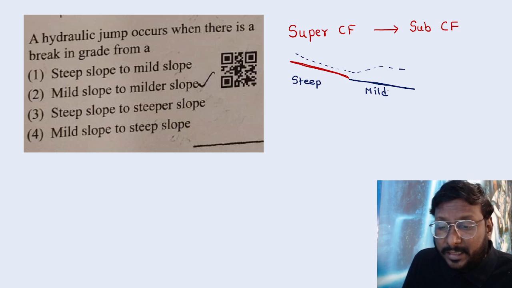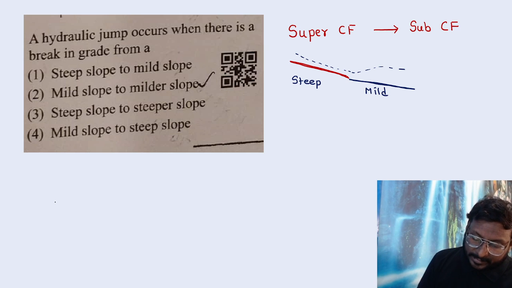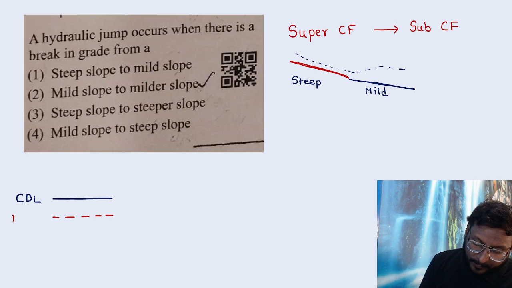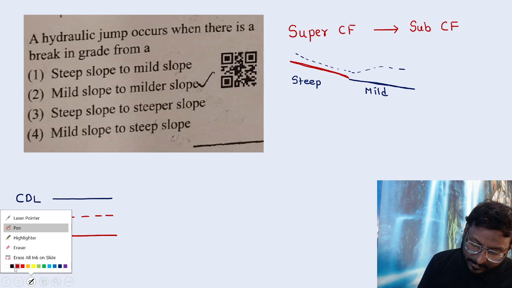What is the steep condition? In steep condition, critical depth line, CDL, is below NDL, normal depth line. This is for steep condition.